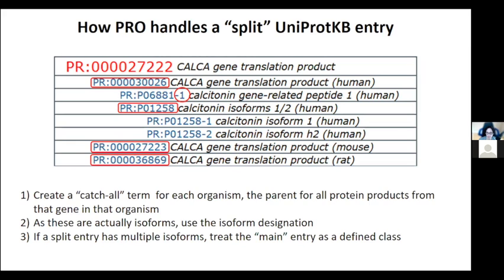Others are things like fragments, and we don't want to create Pro terms for anything weird like that. But we're working towards being able to scale up, and that's basically the whole point of this particular talk. The automation part of things is to try and achieve that scalability across all terms that we deal with, including complexes.